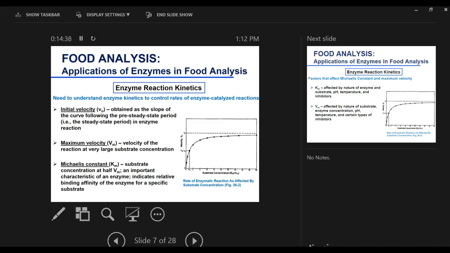That means when you have a lot of substrate, so your concentration is high here. So this, what is this graph? This is substrate concentration against your initial velocity. So how do you get this graph? How do you obtain it? You would run multiple enzymatic reactions at different substrate concentration.